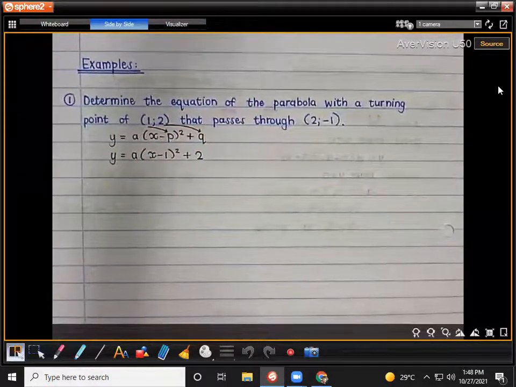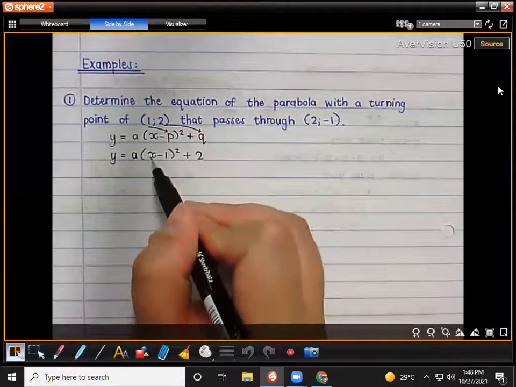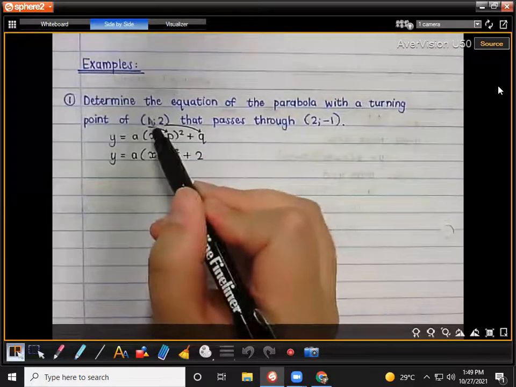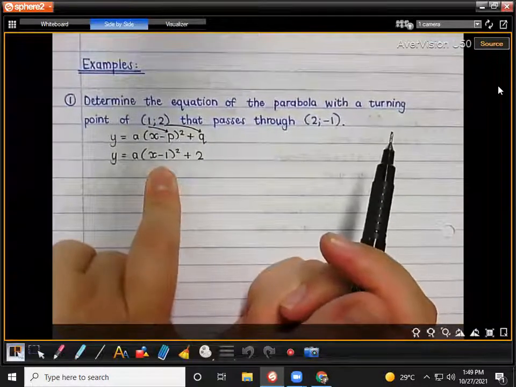Remember, if the x value of your turning point is positive, then in the equation, you have to have x minus. So if this was -1, then you would have x minus -1, which is x plus 1. So you can just always remember that whatever the sign is of the x value in the actual point, it's a different sign in the equation.